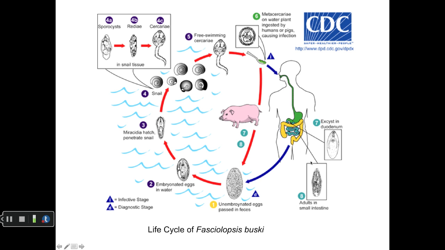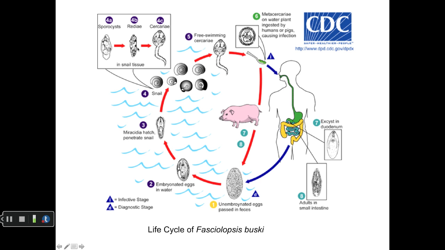So I have a CDC life cycle on the next slide. And if we follow along here, we can see that Fasciolopsis buski is in the small intestine, so that's where the adults are. And the eggs are released into the intestine and out with feces. The egg of Fasciolopsis looks nearly identical to that of Fasciola, so you'd have to use molecular techniques to tell the difference between the eggs. The eggs are in the water and they hatch, so the operculum opens, out comes the miracidium, which infects the snails.